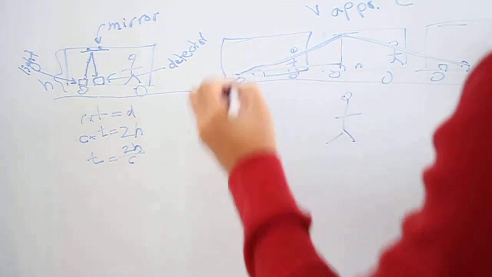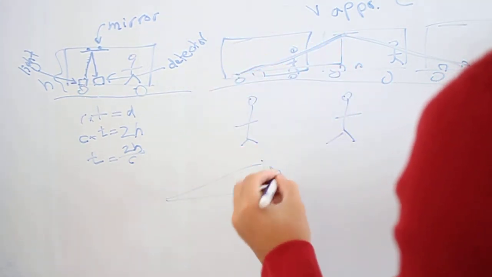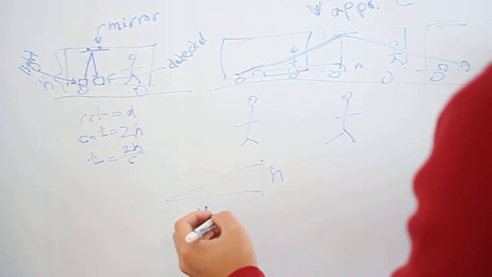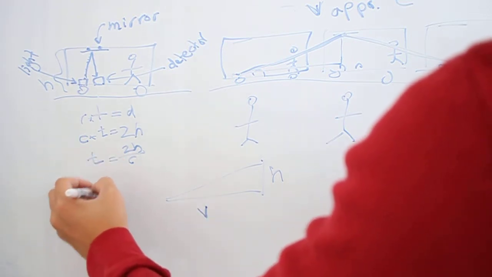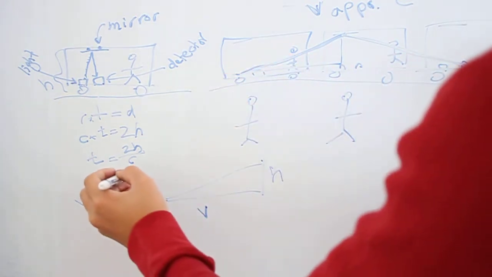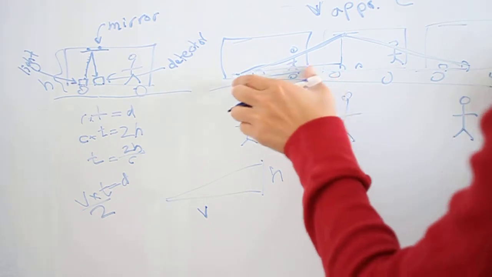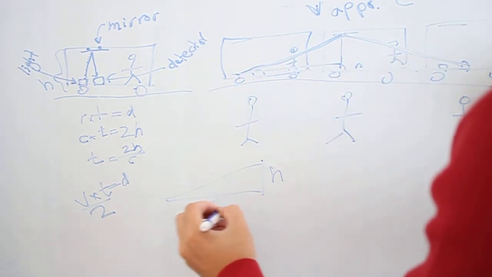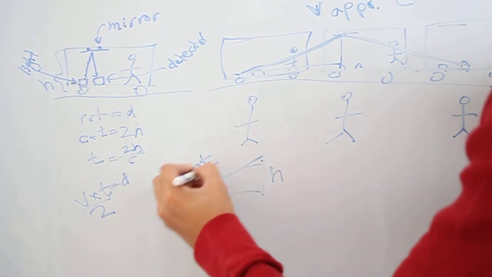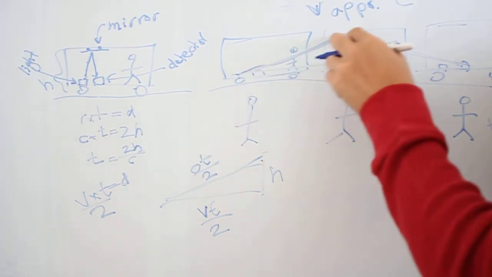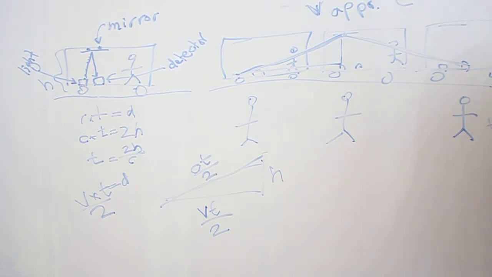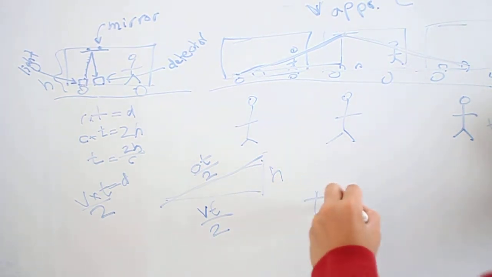Let's look at this triangle right here. We have h, we have your velocity. We know that velocity times time equals distance. And this distance is going to be half, because we're only looking at half. So this is going to be vt over 2. And this is ct over 2, because this beam is traveling at the speed of light and we're taking half of it. So if you solve this out, you get an interesting equation.